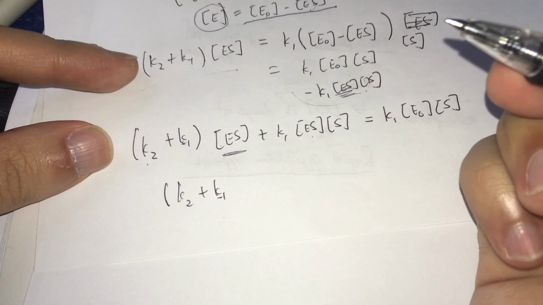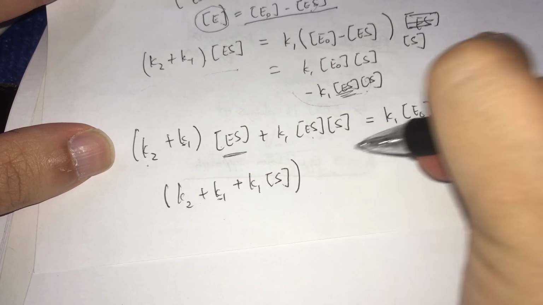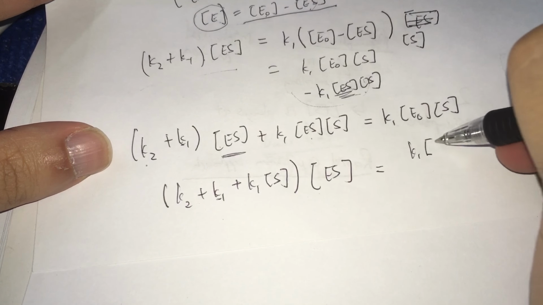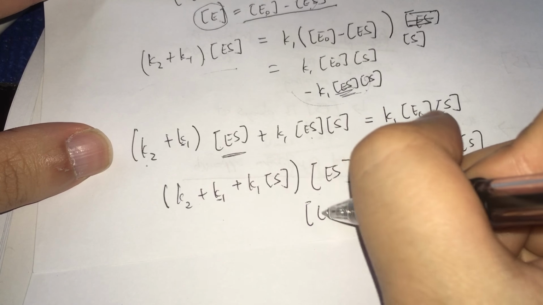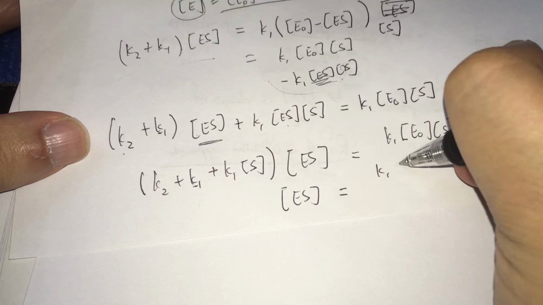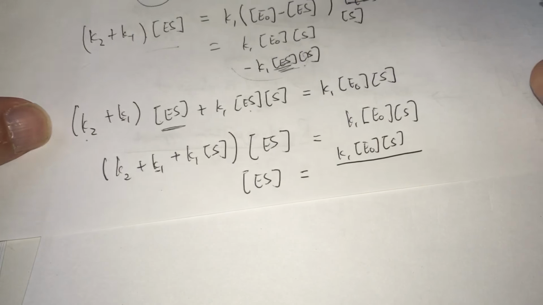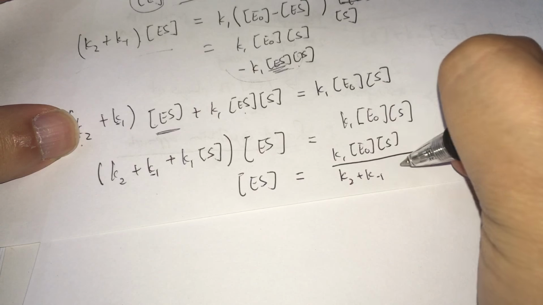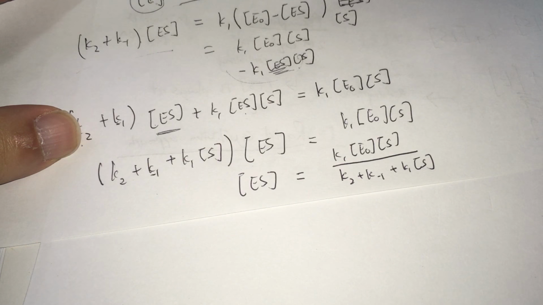So K2 plus K inverse plus K1 into S, the concentration of S, times ES equals K1 E naught into S. And of course, finally, you can make the concentration of ES the subject. So it's K1 E naught S over K2 plus K inverse plus K1 into S. Okay?